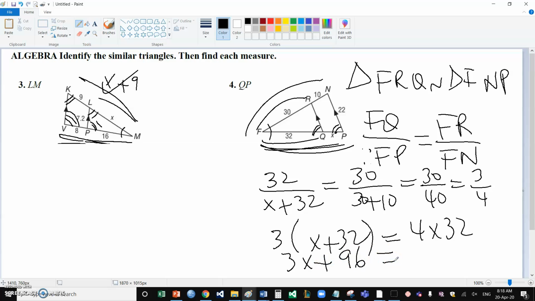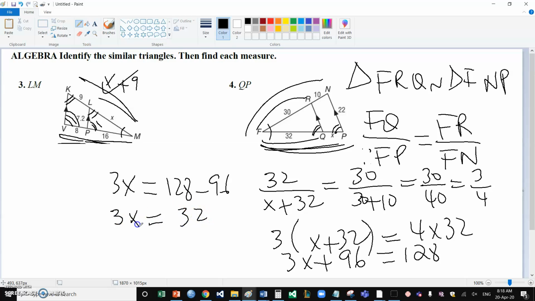How much is 4 times 32? 128. So 3x equals 128 minus 96, which is 32. Is that correct? Yes, so x equals 32 over 3. So that's our final answer.